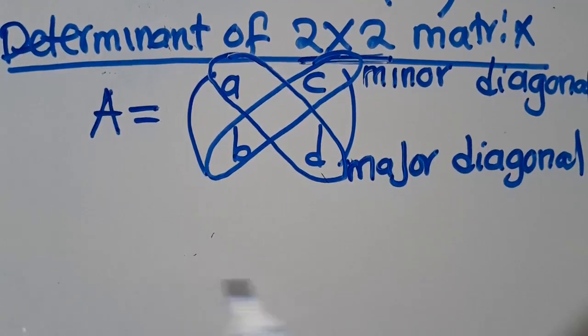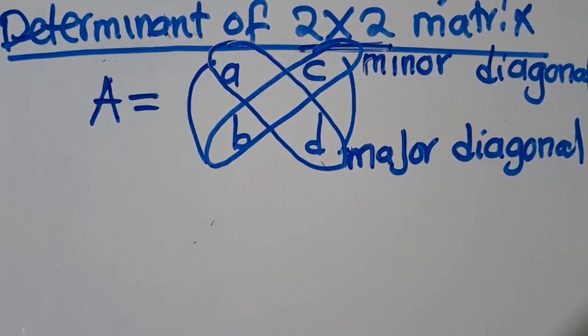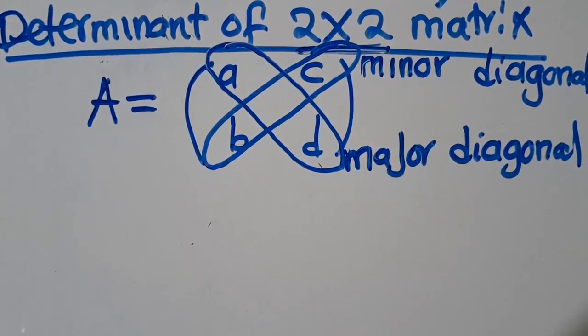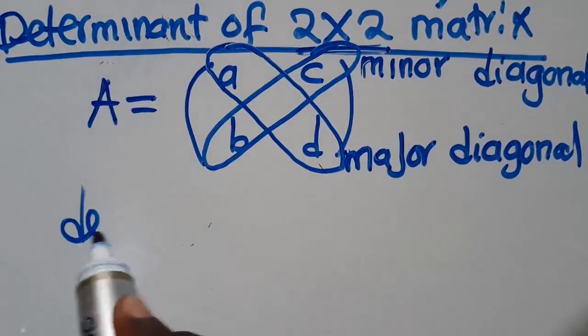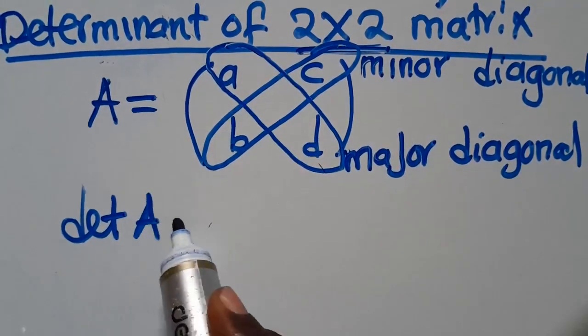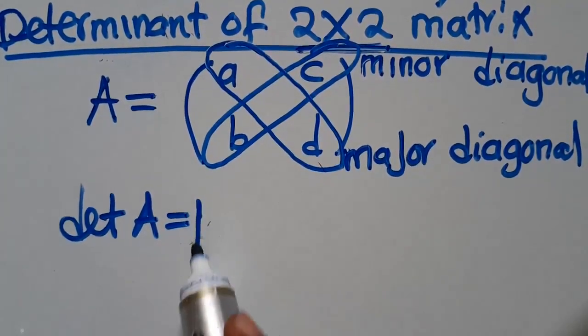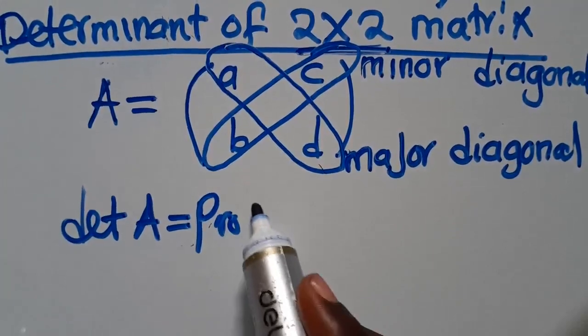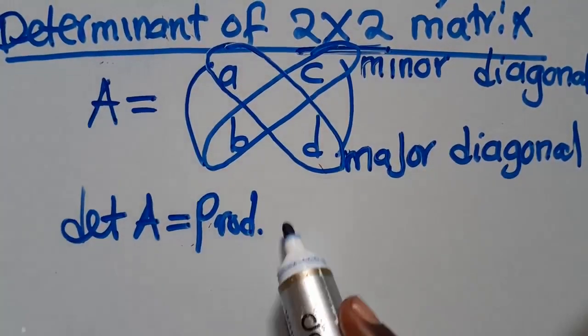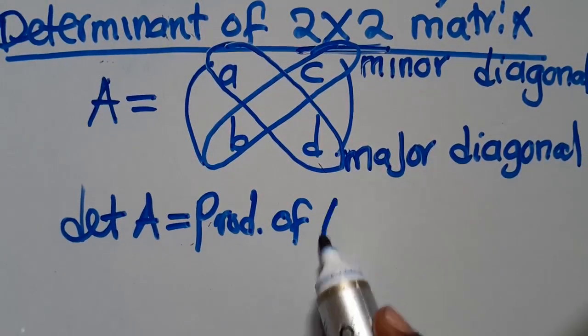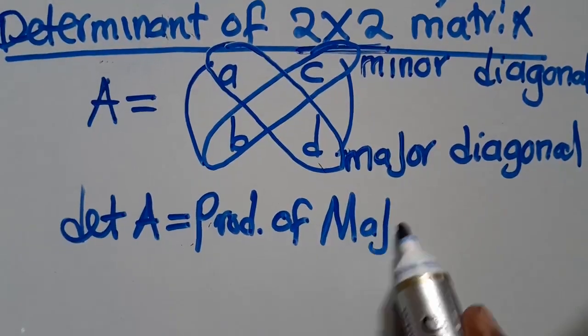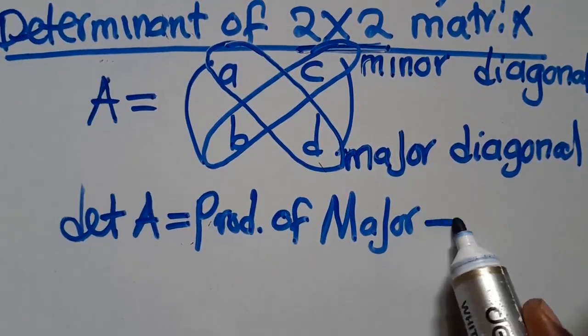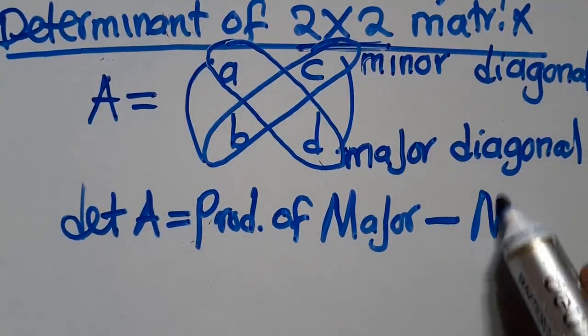So how can you find the determinant of a 2 by 2 matrix? What formula are you supposed to use? You say determinant of A is equal to the product of the major diagonal minus the product of the minor diagonal.